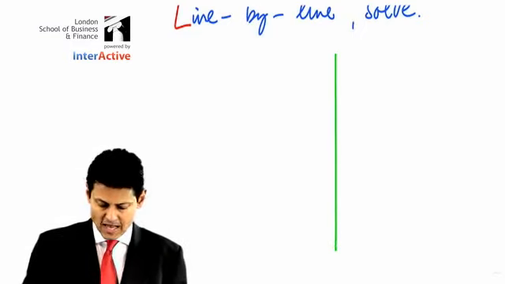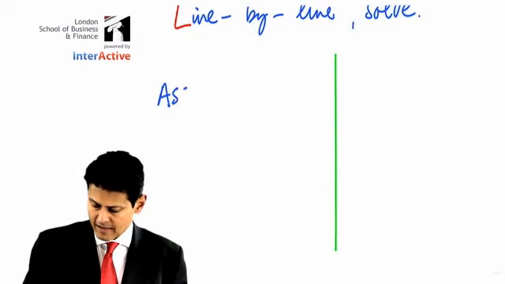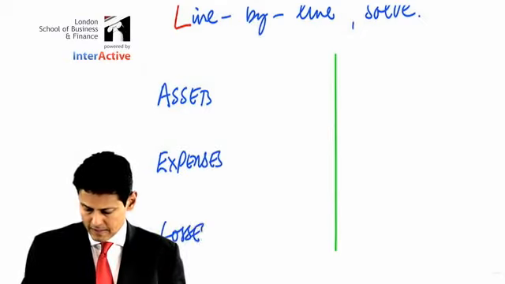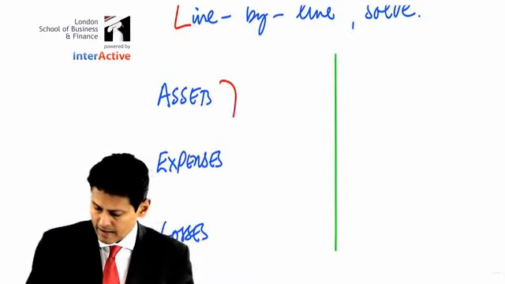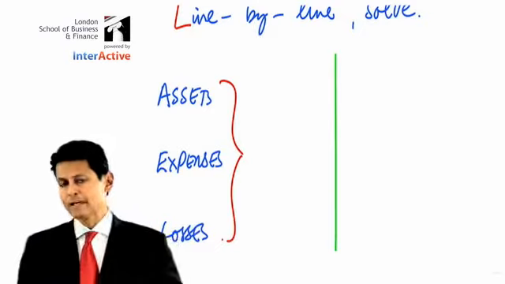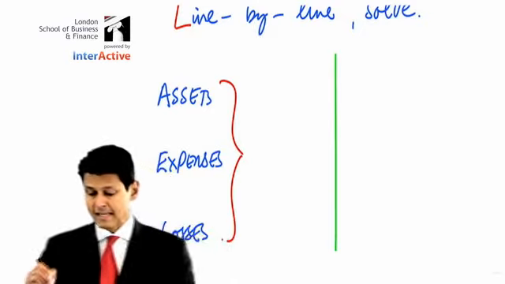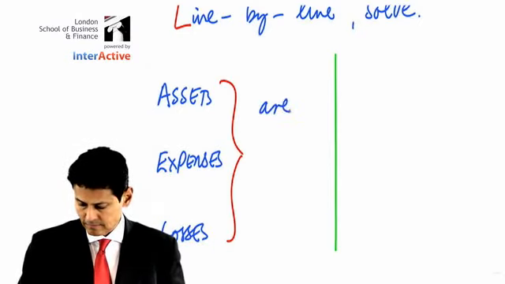On the far left-hand side, I'm going to say assets, expenses, and losses. Can I ask, these items here, are they debits or credits? Clearly, they are debits.